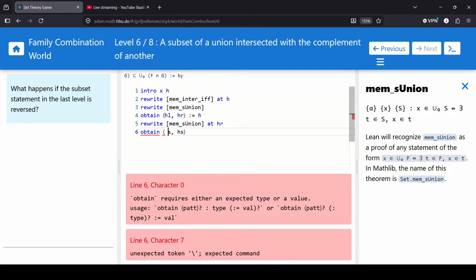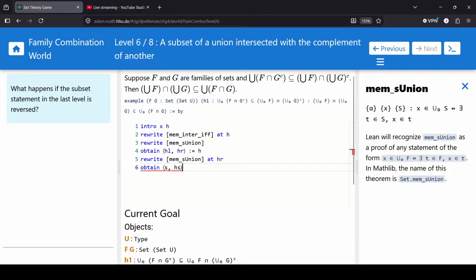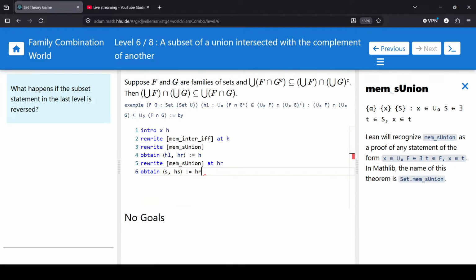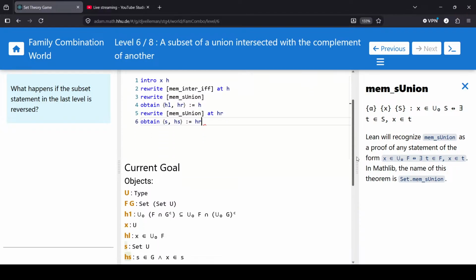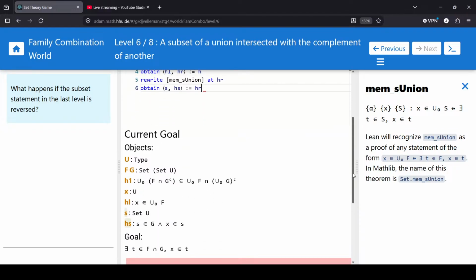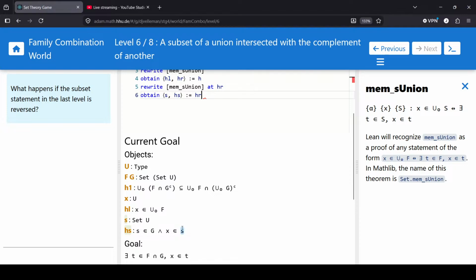Okay, weird. So I have this. How the heck do I take this and make this?